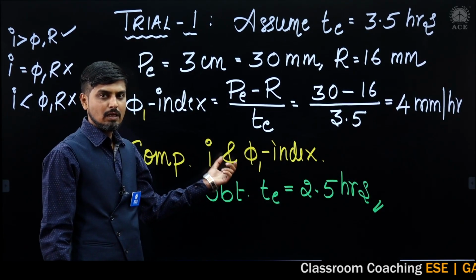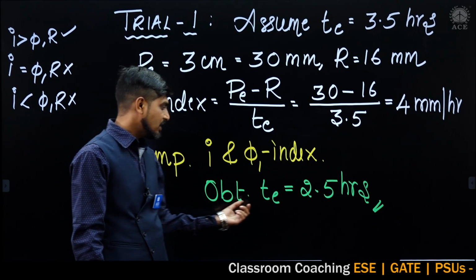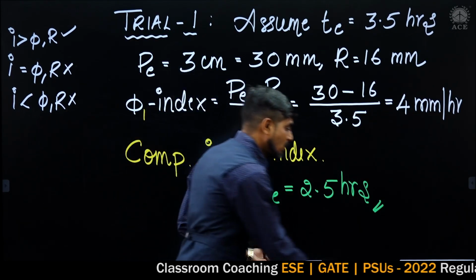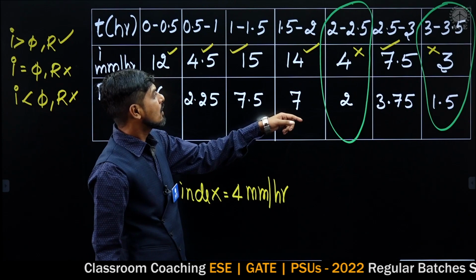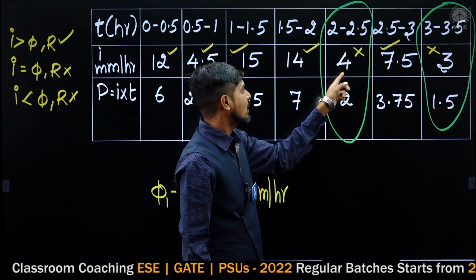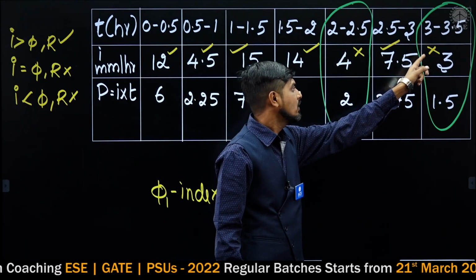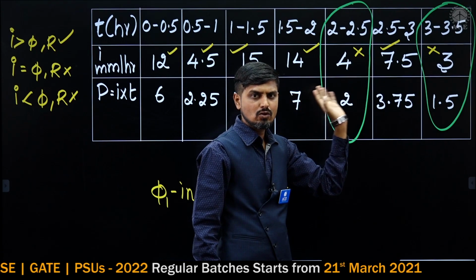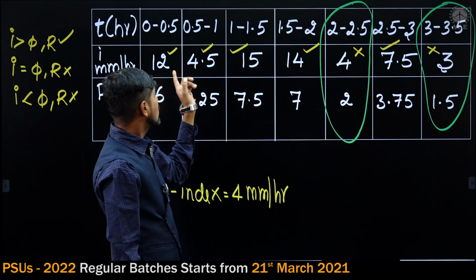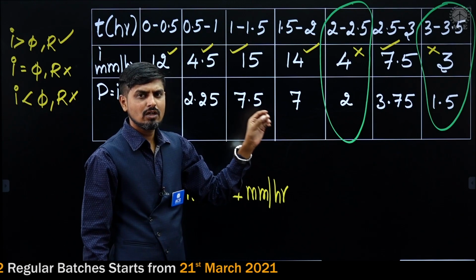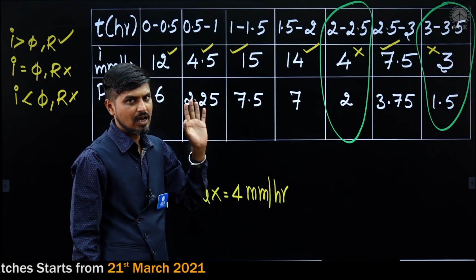You can see from the previous comparisons that obtained TE is only 2.5 hours. Why? Because we have already concluded that at 2 to 2.5 and 3 to 3.5 we don't observe runoff. So remove them. Now the time during which you are able to see runoff is 2.5 hours.